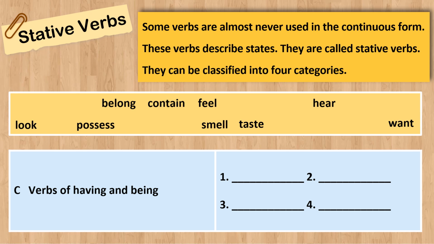This time, we look at verbs that show what we have or are. These verbs describe possession or state of being. Can you help me choose 4 from the list?